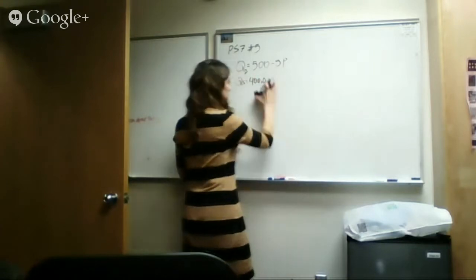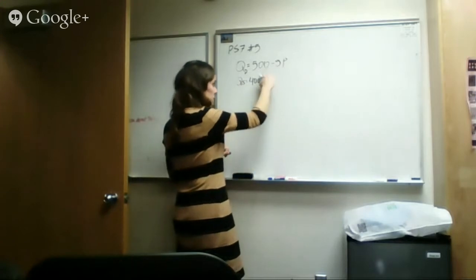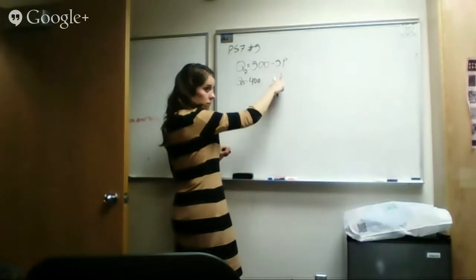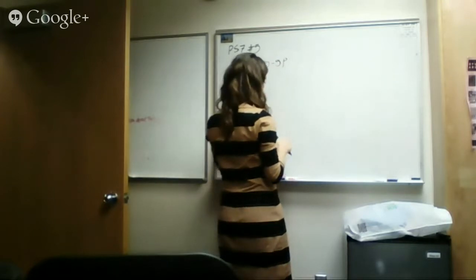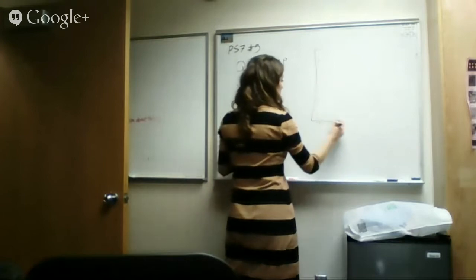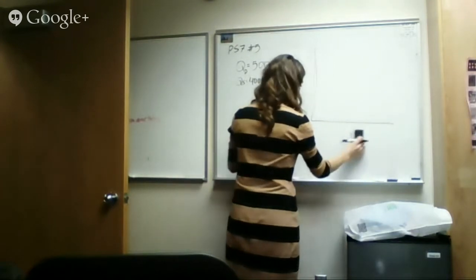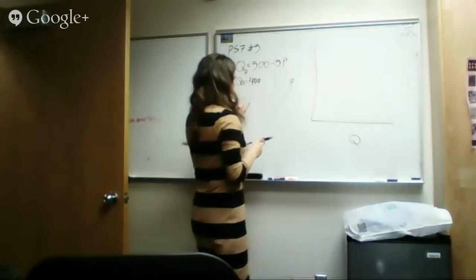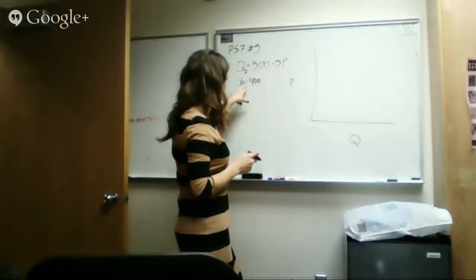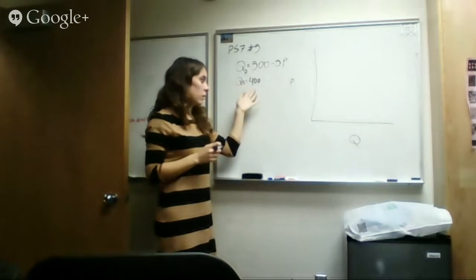I'm just going to do 400, because this is supposed to be in thousands anyway. So we know that the supply curve says that the quantity is 400.